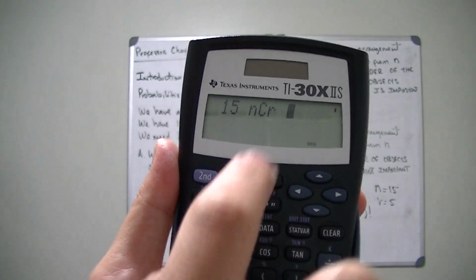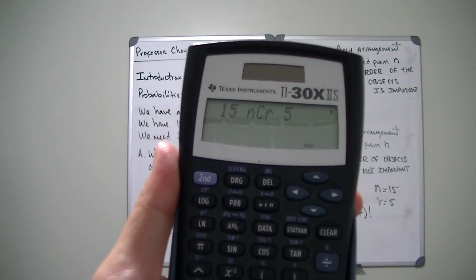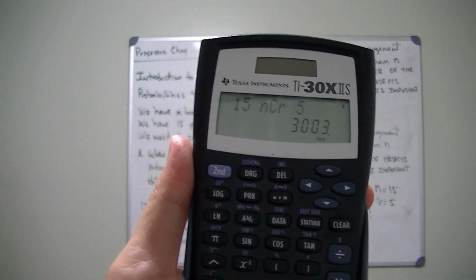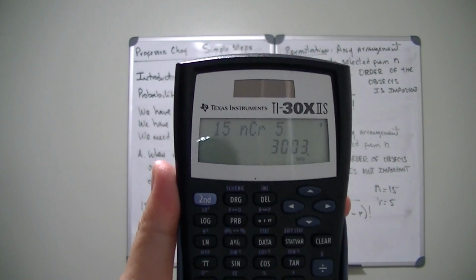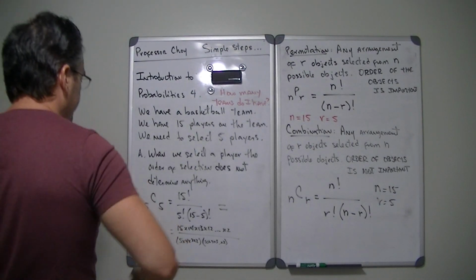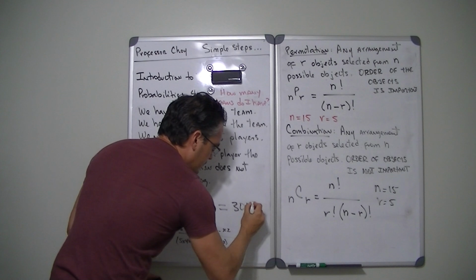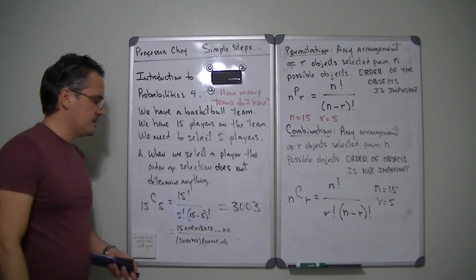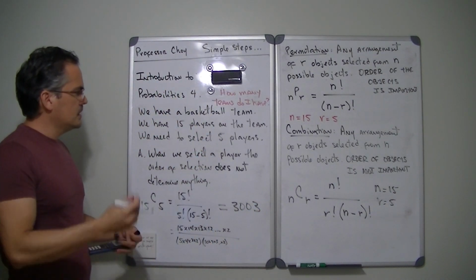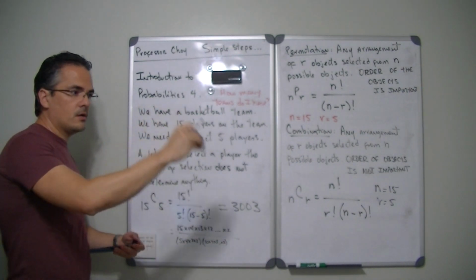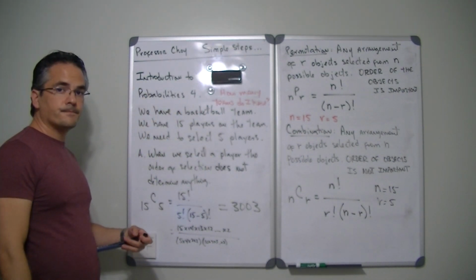Click on enter. And then I put the R, which is 5, and then I click on enter. And now I get the number 3003. So I have 3003 different ways in which I can have 5 players out of 15 players on the court.